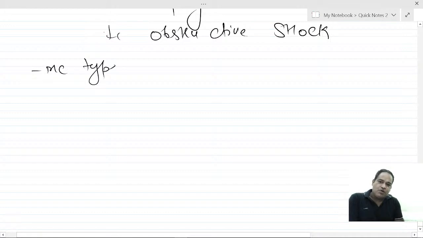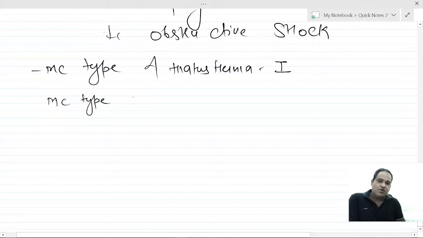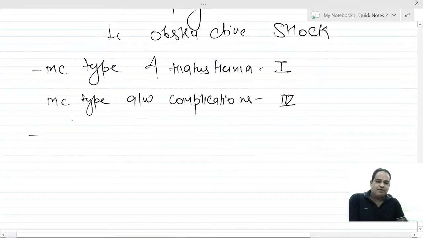So the most common type of hiatus hernia is type 1. Most common type associated with complication is type 4.